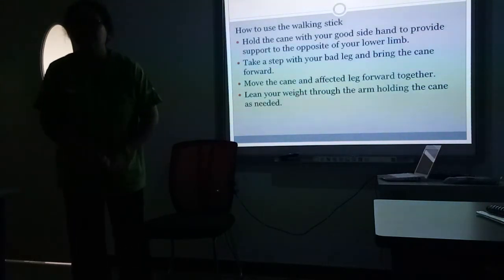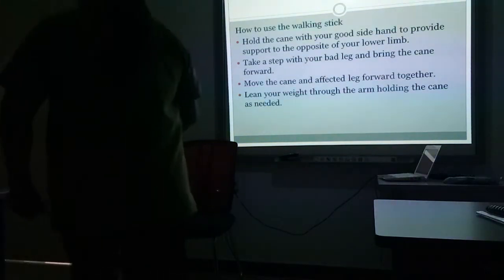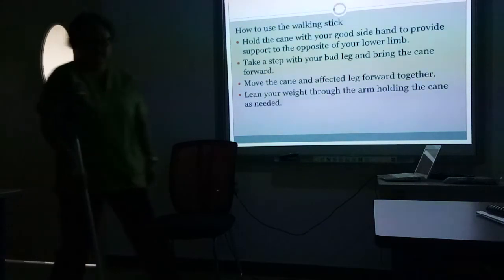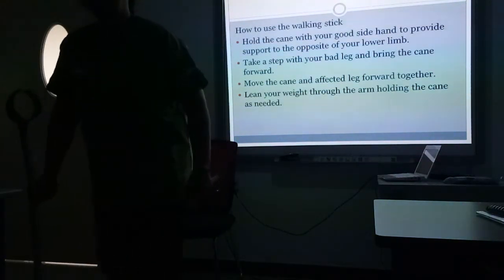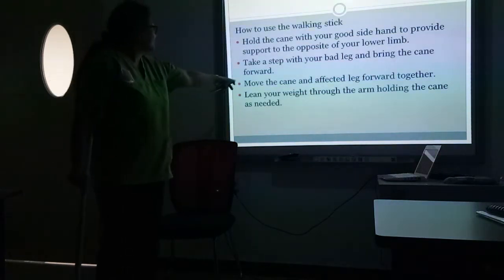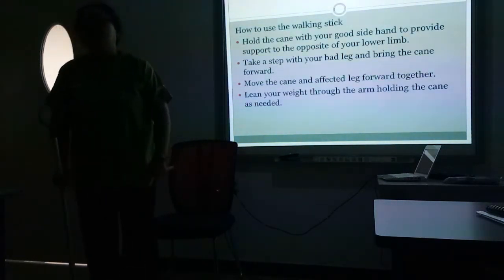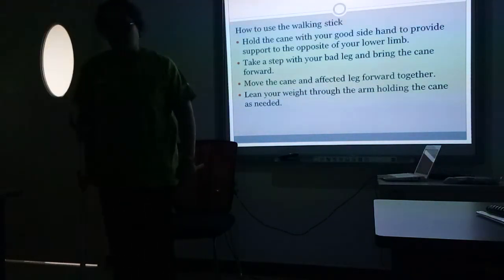Halimbawa, walking cane ito. Yan lang. Move step with the injured foot or leg. Ito. Kasabay ito.